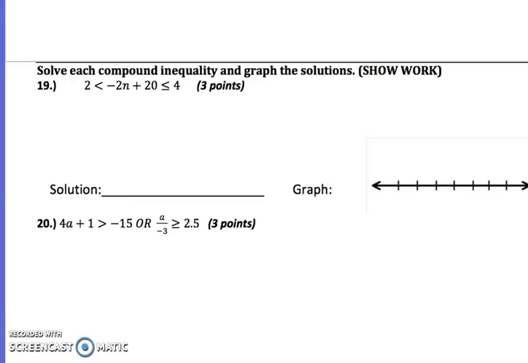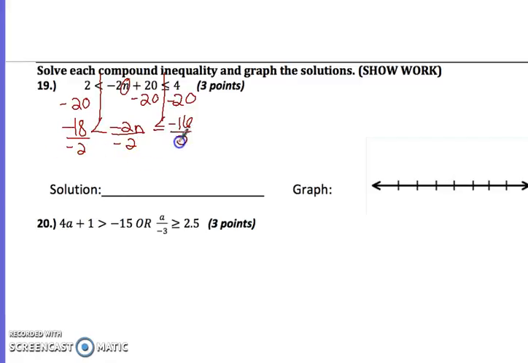Number 19, compound inequality. Remember, do it to all three sides. I'm looking for n, so I'm going to subtract 20 from all three sides. 2 minus 20 is negative 18, is less than negative 2n, is less than or equal to negative 16. Now, when you divide everything by negative 2, that means that every sign must flip.